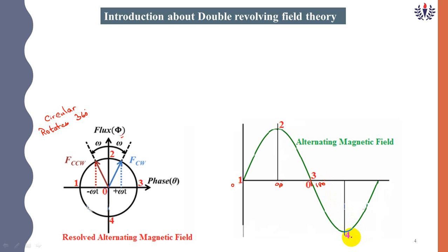Another point is 270 degrees, and this is 360 degrees. This is the dimension. The one point which I set here in the motor is the origin. The motor moves from 1 to 2, 2 to 3, 3 to 4, then 4 to 1.